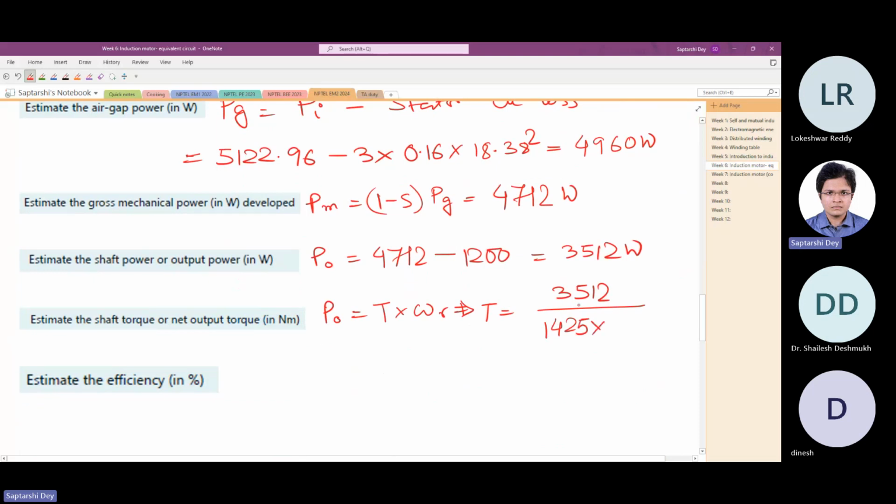This has to be converted to radian per second, SI unit. So this is revolutions per minute, radians per minute, radians per second. This will give you some 23.5 Newton meter.